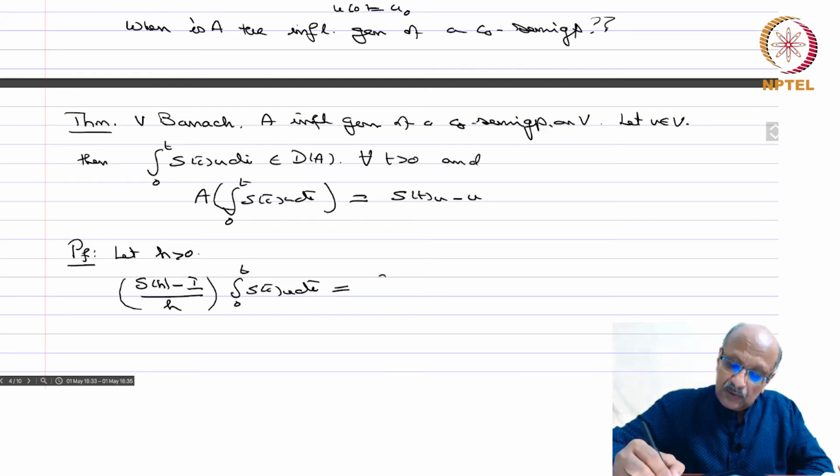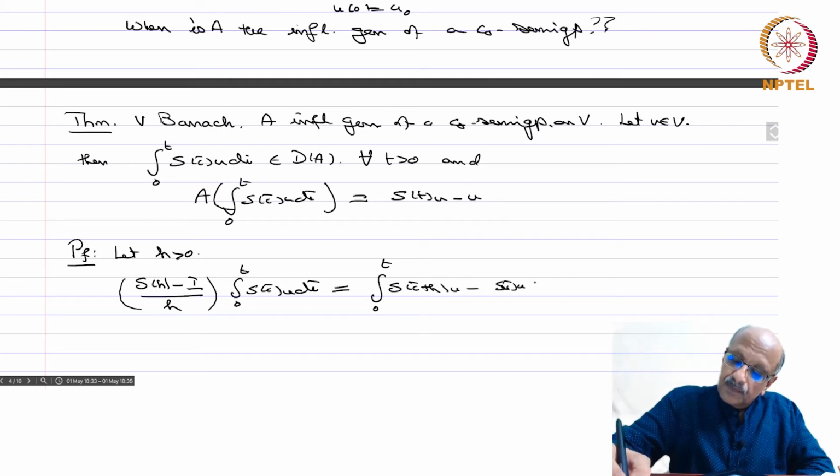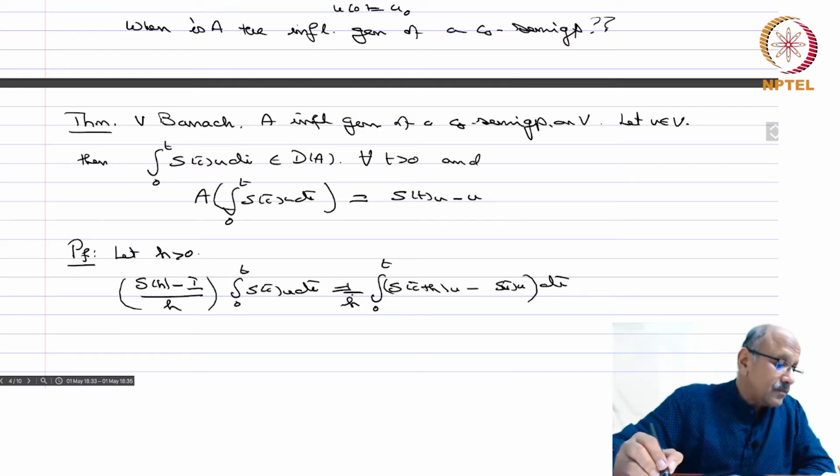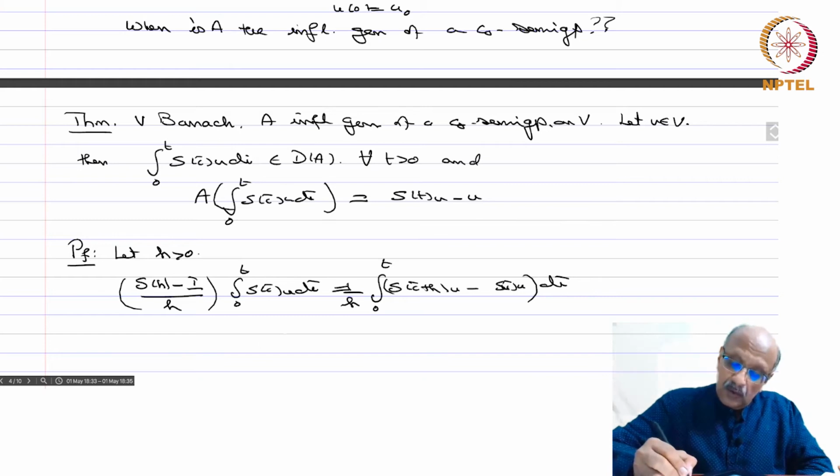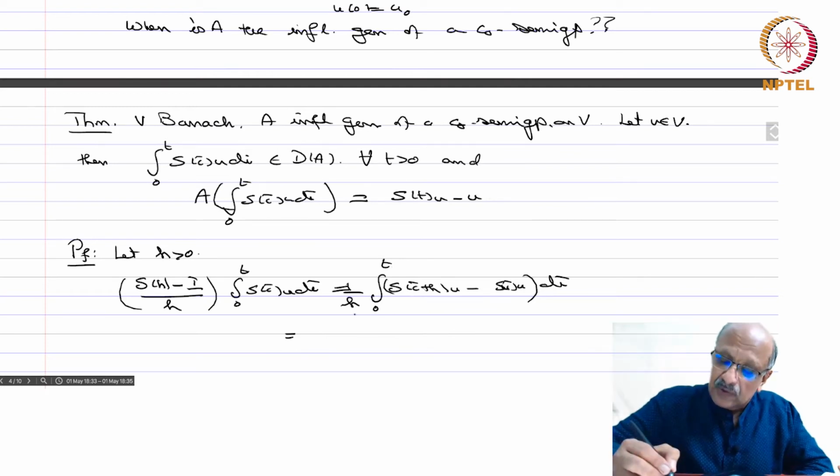So, this is equal to 1 over h times the integral from 0 to t of S(τ+h)u minus S(τ)u dτ. Now, we will make a change of variable τ plus h equals τ. So, this integral will become h to t plus h.